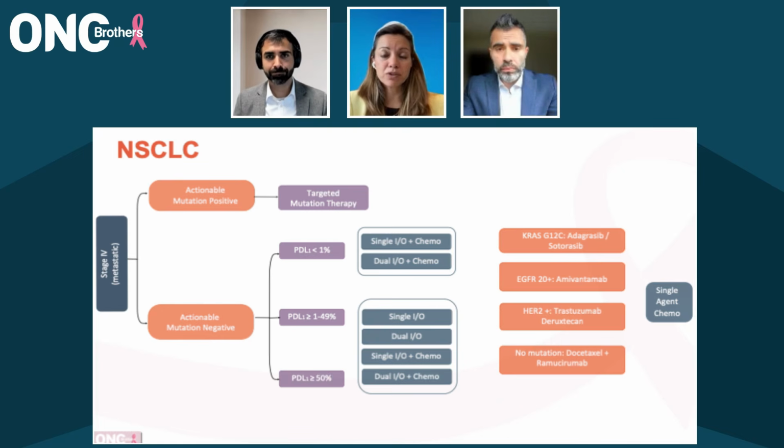Adagrasib might be a better option for you. But if maybe their insurance doesn't approve adagrasib, or maybe they had a family member that was on sotorasib and they really want that, I don't have any problem between the two. And I would not switch from one to the other. If someone progresses on sotorasib, I wouldn't then give them adagrasib, and vice versa.